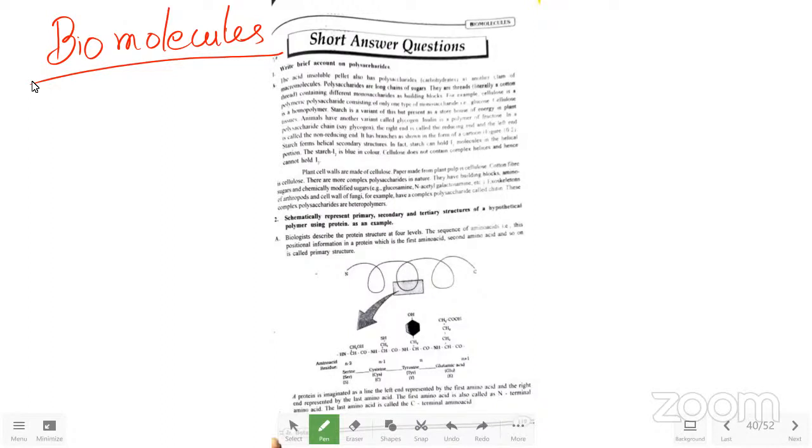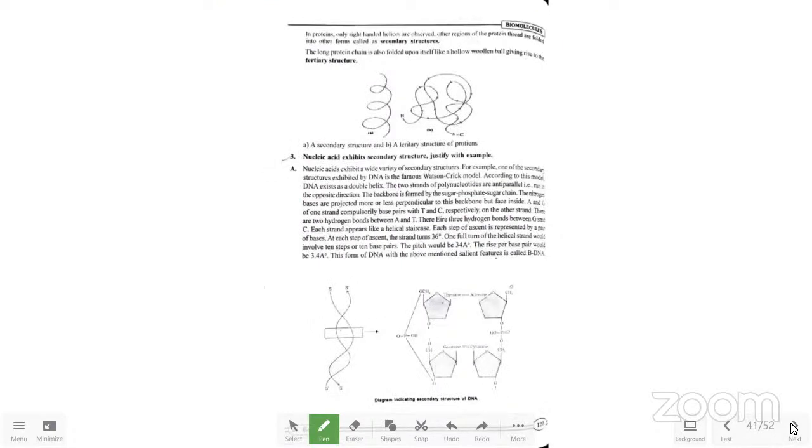So in this, they may ask to schematically represent the primary, secondary, and tertiary structures of a hypothetical polymer of a protein. This is one of the questions we can expect. And another question will be: nucleic acids exhibit a secondary structure. Justify.